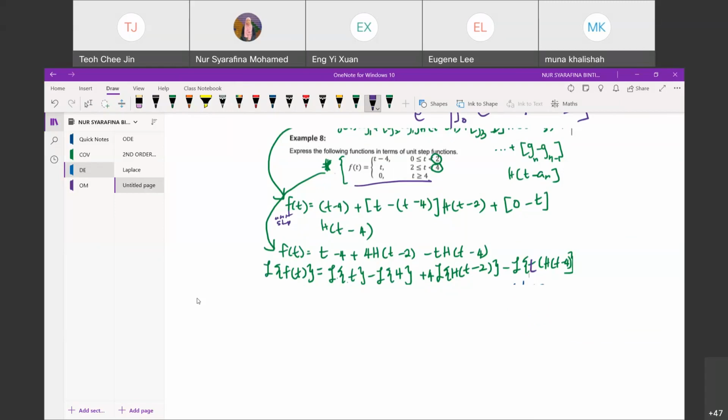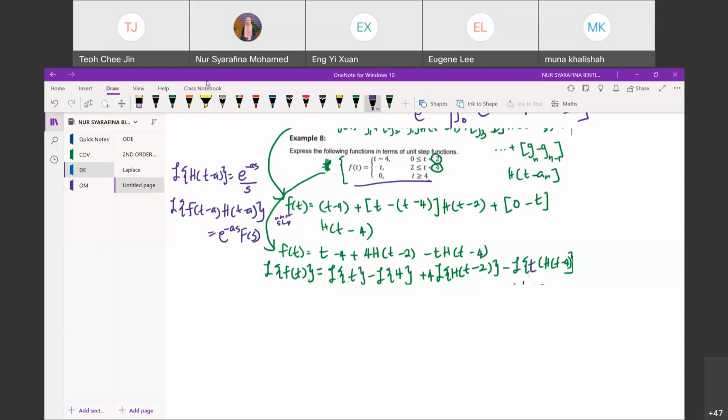Okay, you know that transforming h(t minus a) will give you exponent minus as over s, and transforming f(t minus a) h(t minus a) will give you exponent minus as F(s).